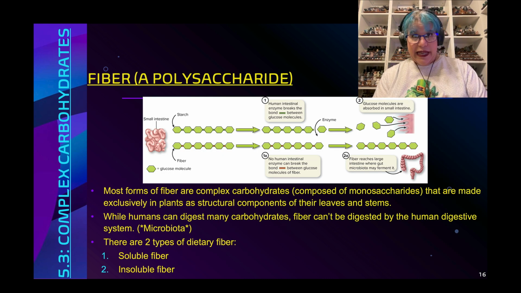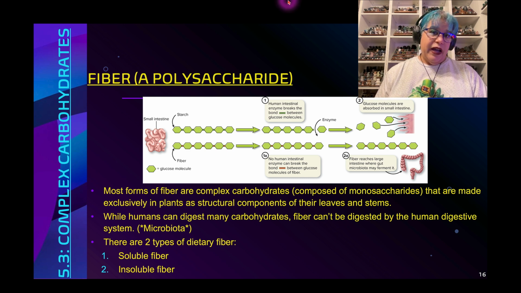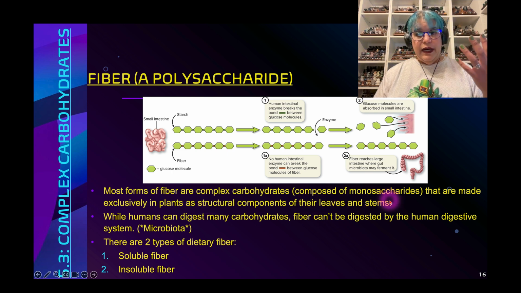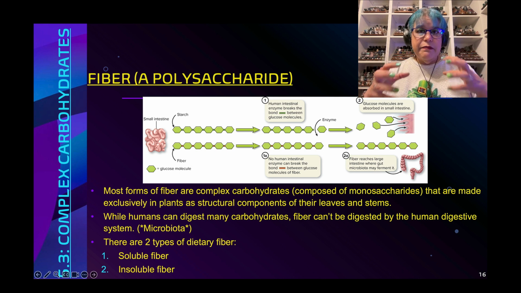Now, the other polysaccharide that we're going to mention is fiber. Fiber is a complex carbohydrate. Again, it's this chain of monosaccharides that are made exclusively in plants as structural components of leaves and stems. These are the girders in a building. They are not going to be something that the plant takes from to make energy.